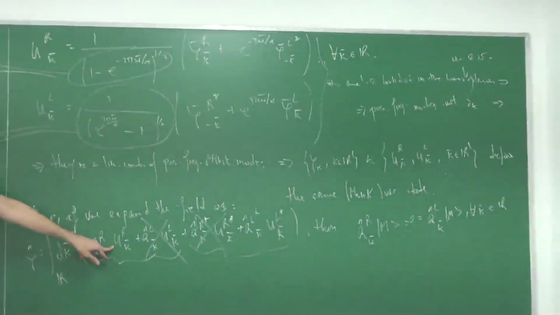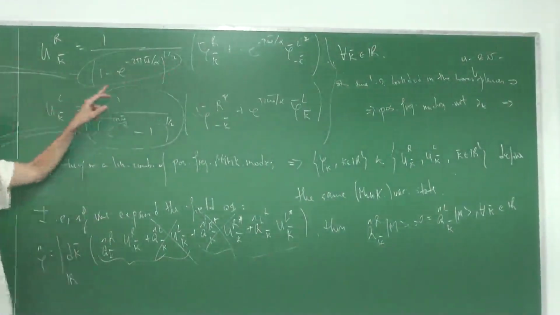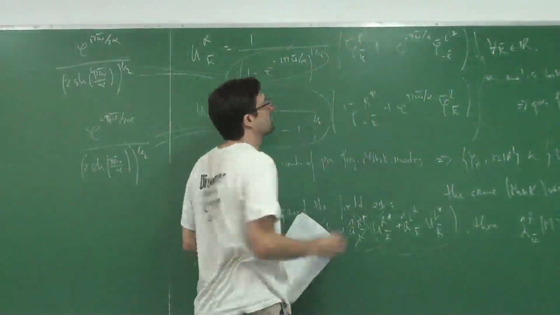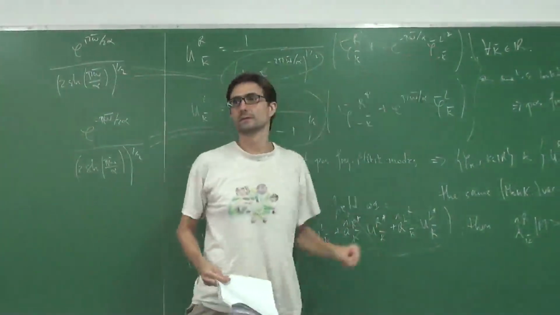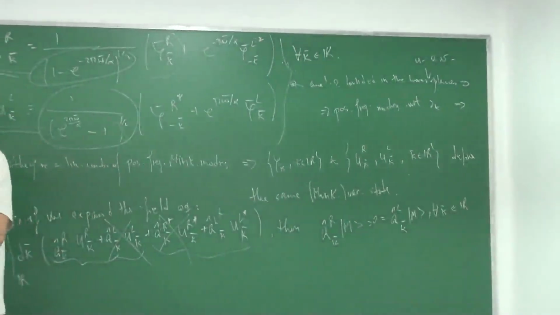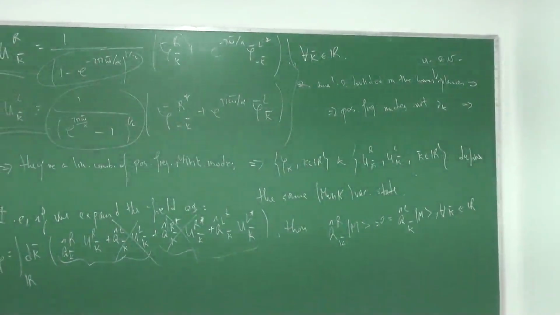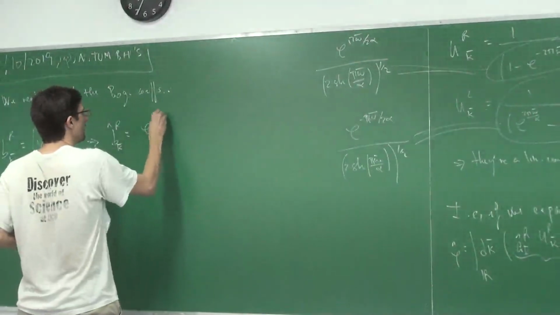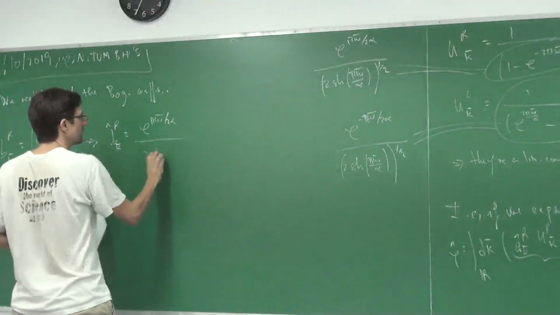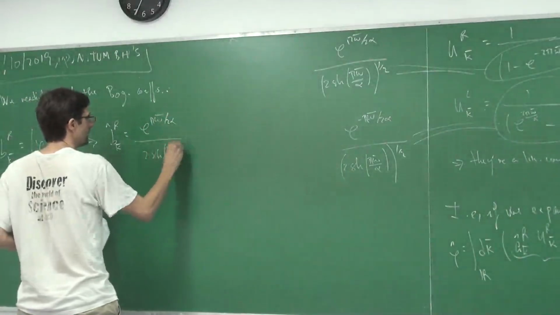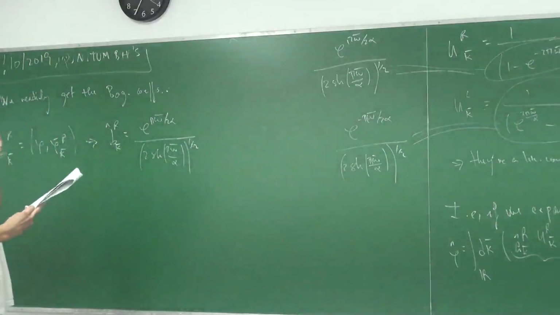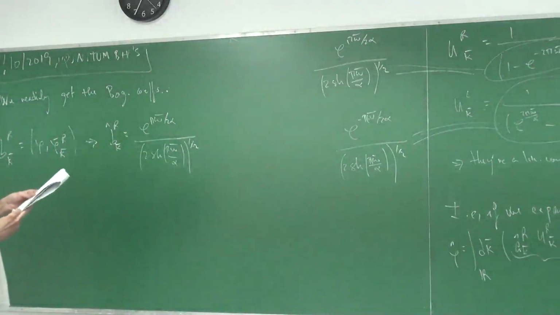Now let's look at this one. Only this guy will survive, because this is a left mode, and the inner product between a left and a right mode is 0. Okay, so I'm going to take the common factor, exponential of pi omega bar over 2 alpha, and sinh of pi omega bar over alpha, to the one half.